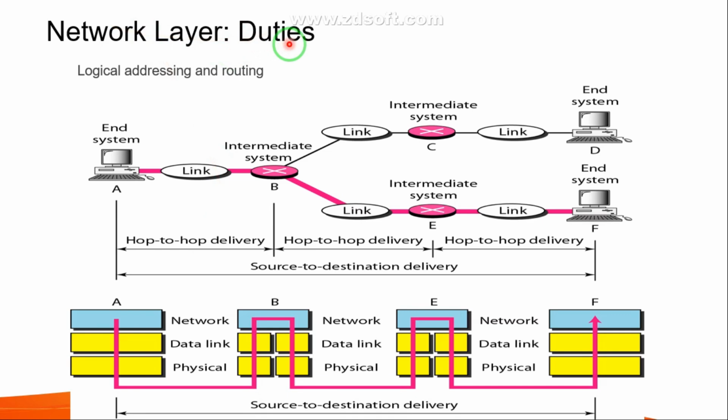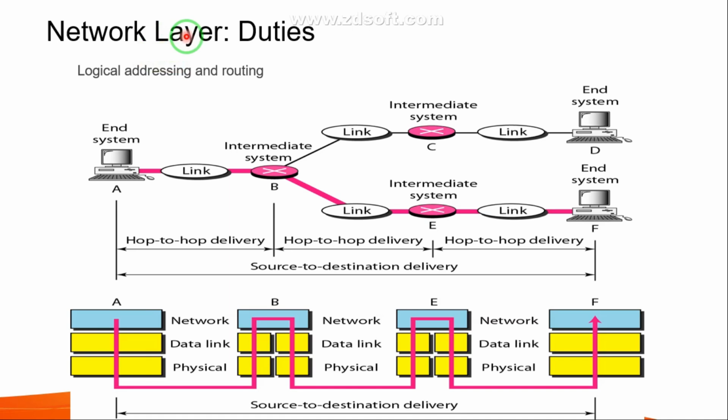And for that we require the IP address, logical address. So logical address, the physical address, remember, it is implemented by data link layer, whereas the logical address is handled by this network layer.